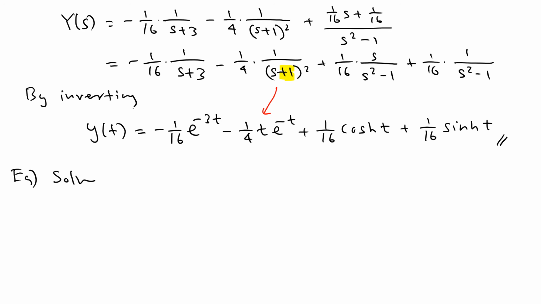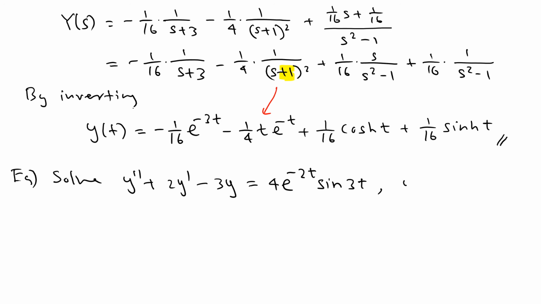So solve, let's say, y double prime plus 2y prime minus 3y equals, let's say something like this: 4e to the negative 2t sine 3t, and again let's put the coefficient to 0.